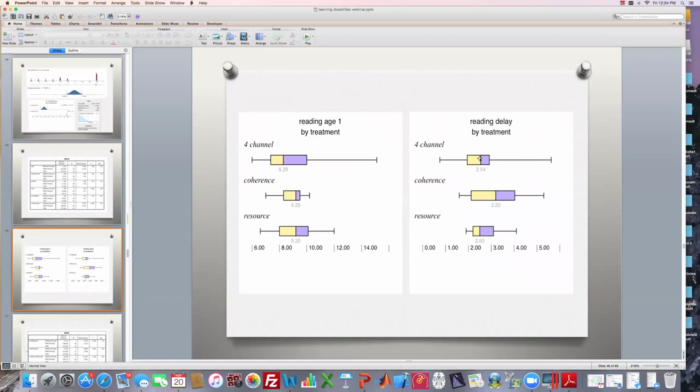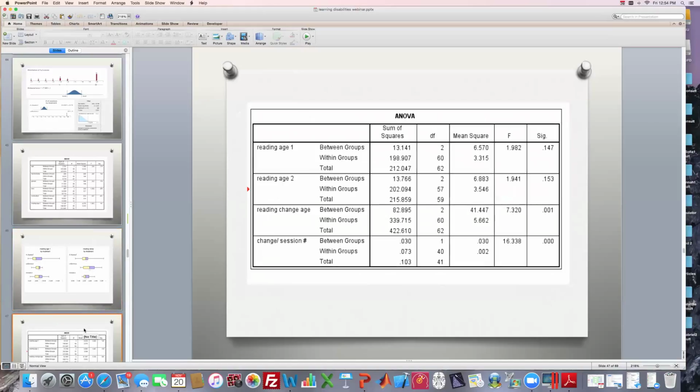So in other words, this is a difference between their actual reading score and their age, and there's still no difference between the groups. We then looked at reading age 1 between the groups. There was no difference. Reading age 2 is the same. Change in reading from time 1 to time 2 is statistically significant between the groups.